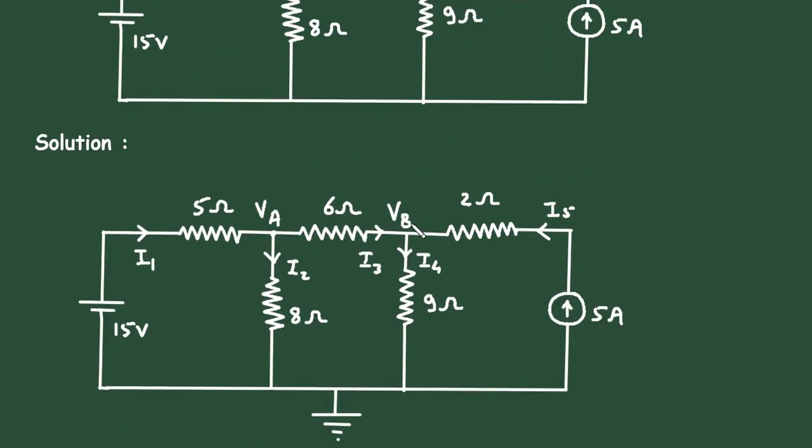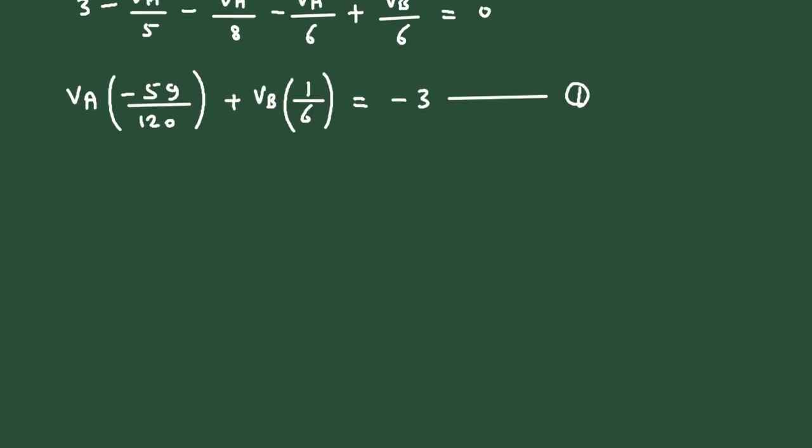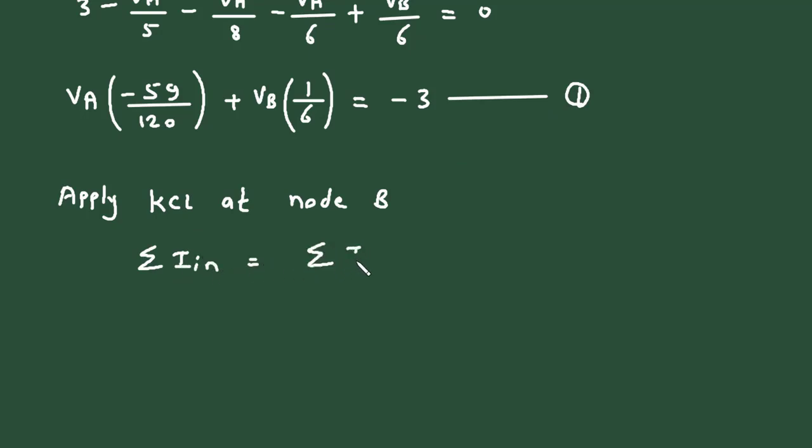Now let's apply KCL at node B. Again according to Kirchhoff's current law, the summation of all the currents entering a node is equal to the summation of all the currents leaving the node.